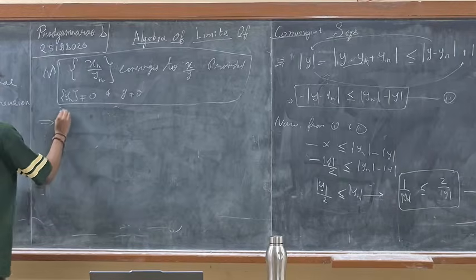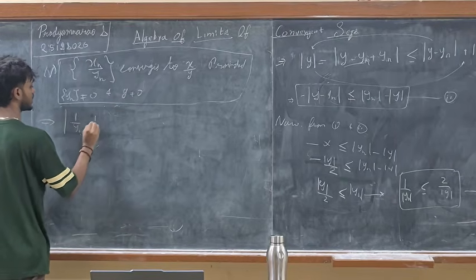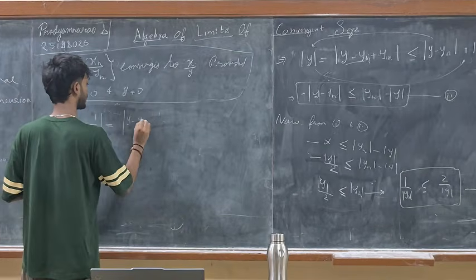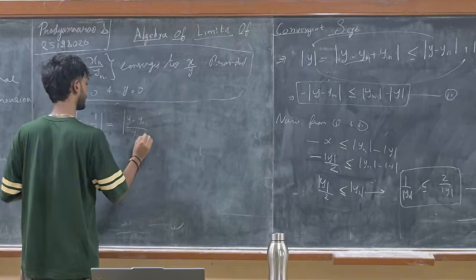Now let us consider an equation, say 1 by y_n minus 1 by y. This can be further simplified as y minus y_n upon y_n into y.